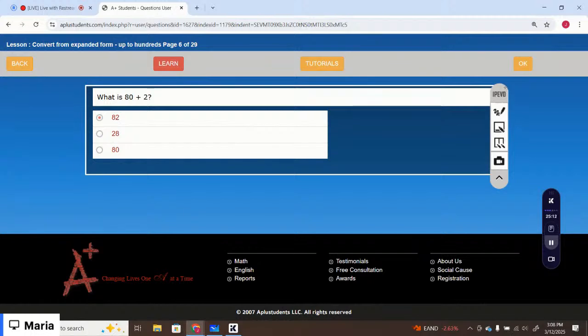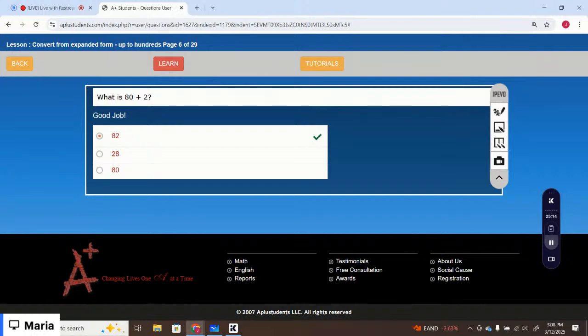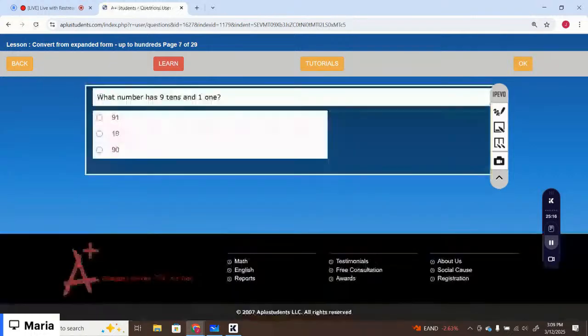Option number one is the correct option. What number has nine tens and one one?